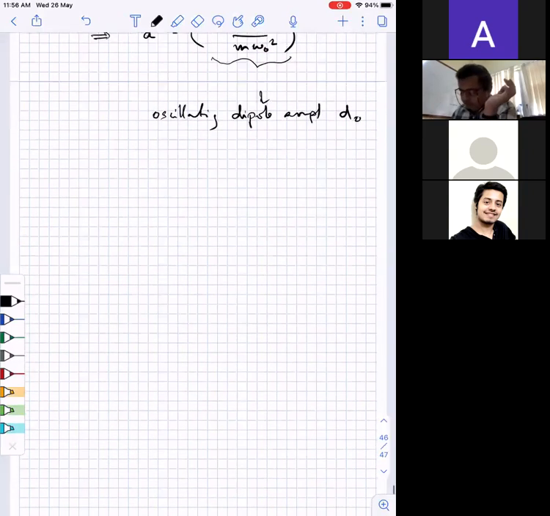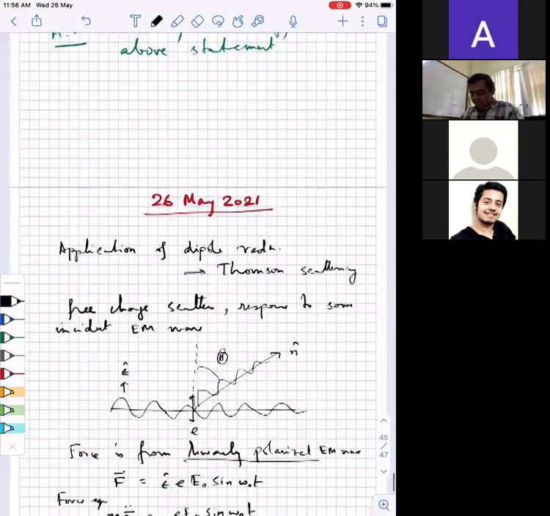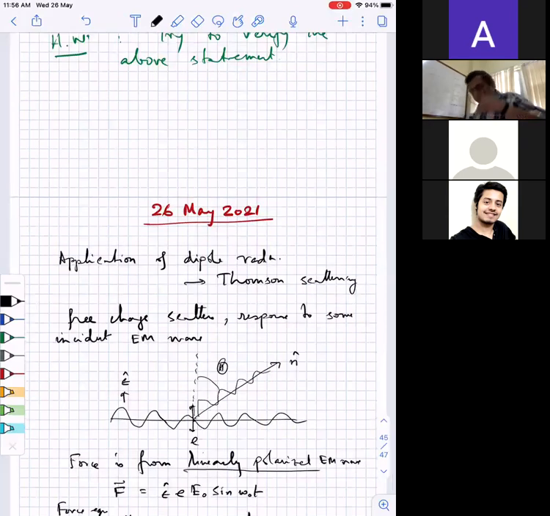So remember, the power radiated in a solid angle dP/dΩ was D double dot squared over 4 pi c cubed, times sine squared theta, where theta is the angle between the polarization direction and the scattering direction.